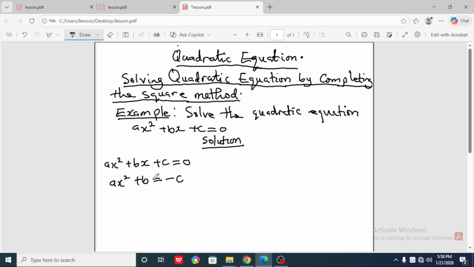So the next step is to make sure that the coefficient of x square is 1. But as we can see, the coefficient of x square here is not 1. It is a. So we are going to remove that a by dividing with the same a, so that they will cancel out.